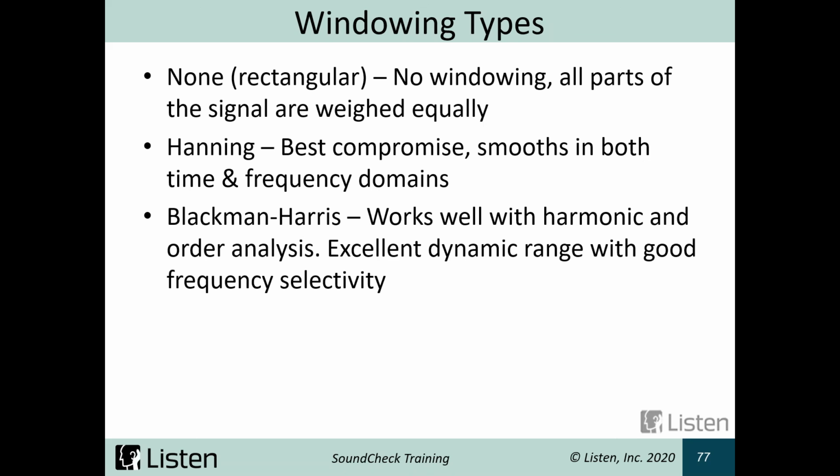So if you're using Harmonictrak, anything with harmonic distortion, intermodulation, 4th order Blackman-Harris is a good weighting type to use.